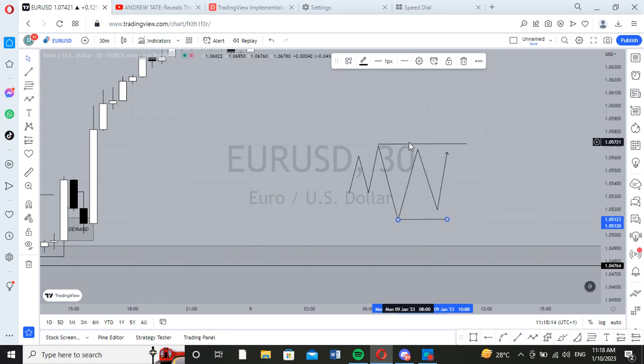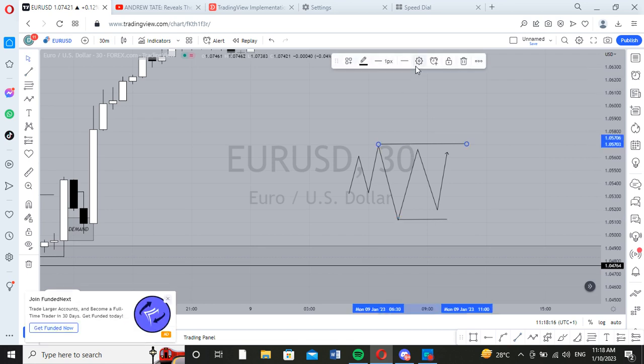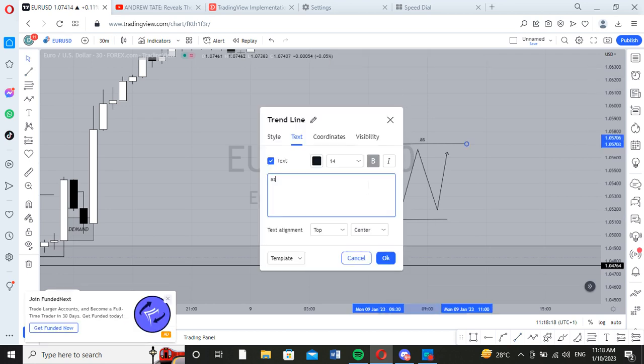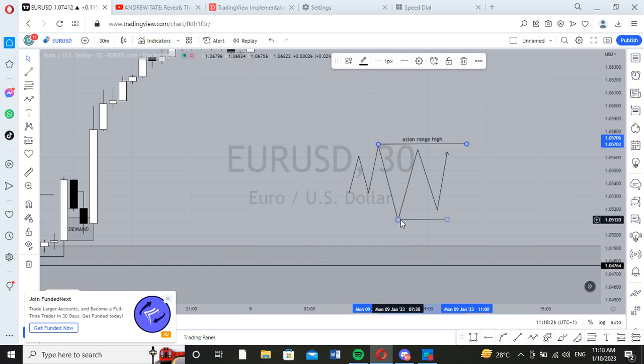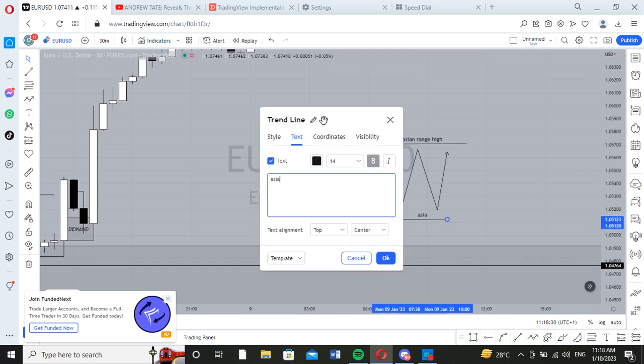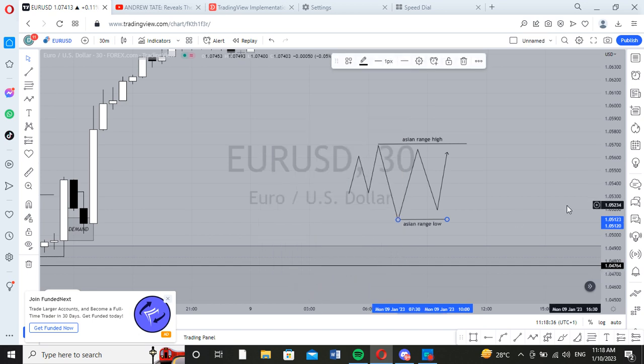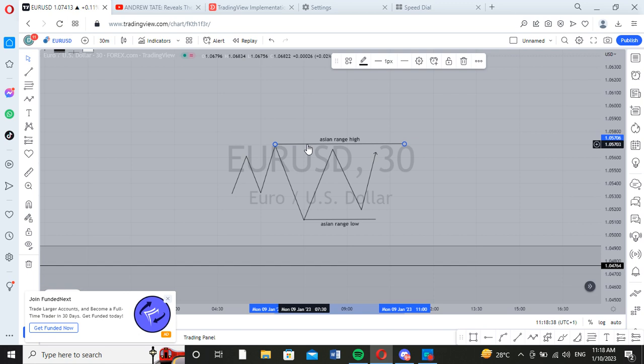So we have Asian range high, then this one will be our Asian range low. We have Asian range low right there. So now you should observe, you should not trade during this area.